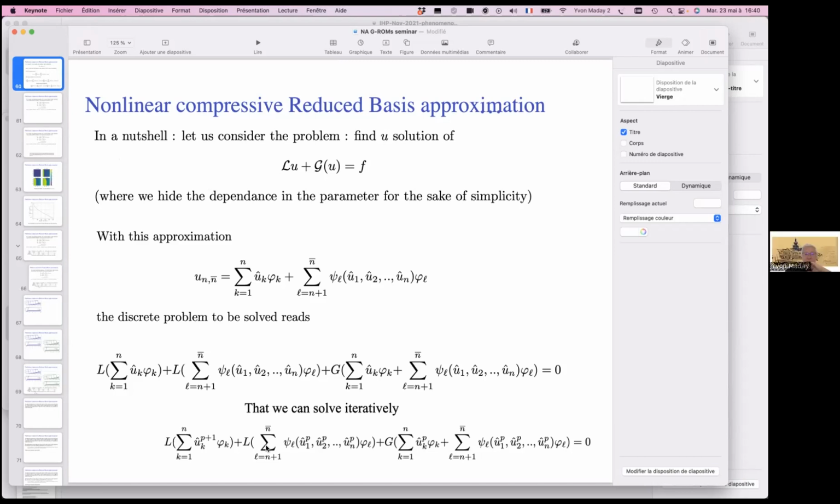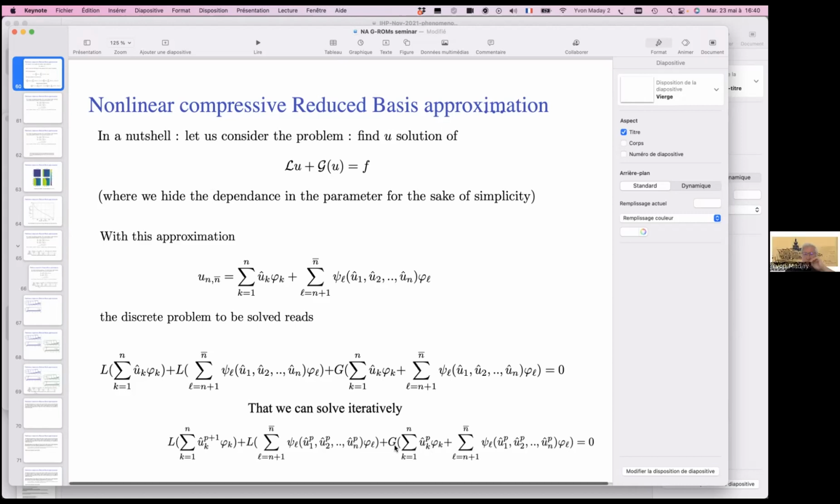As you see here, the nonlinear part is expressed in terms of the previous evaluation of the degrees of freedom, either appearing here directly or appearing here through the learning process. So you don't have to reproject everything.